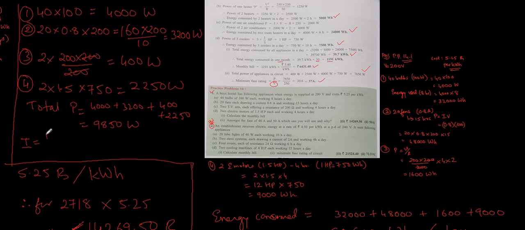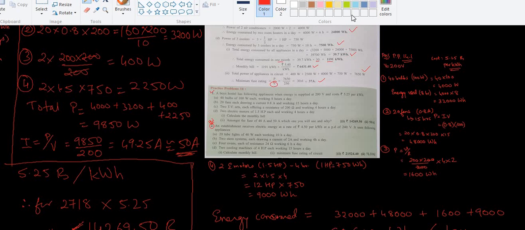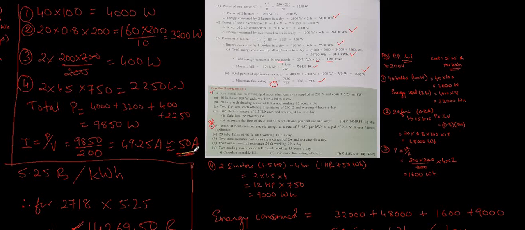So now we have to find out current. I is equal to P upon V, that will be 9850 upon 200, that will be 49.25 ampere, approximately 50 ampere it is. So my answer is, the answer is 50 ampere.